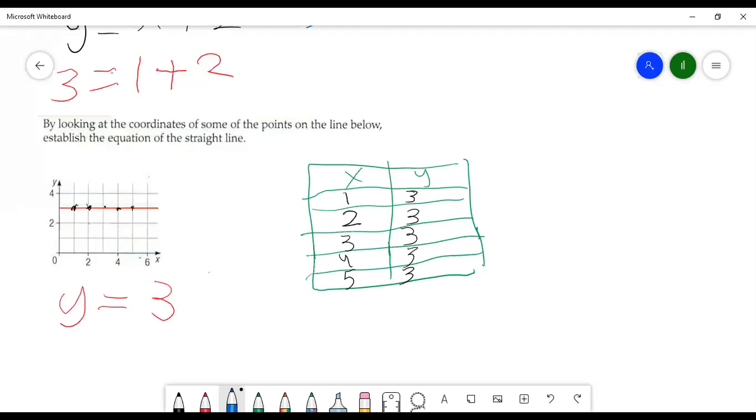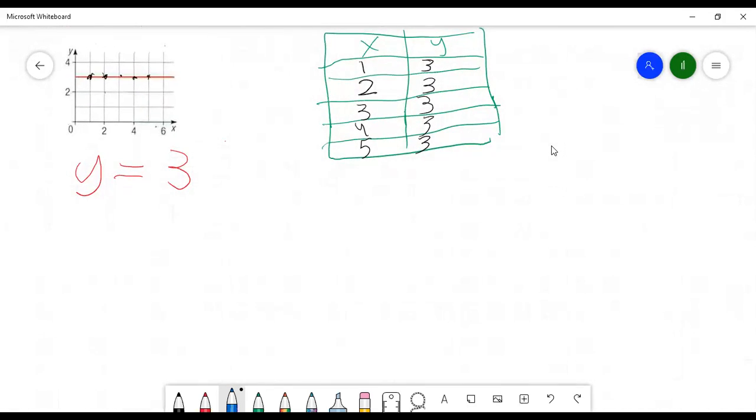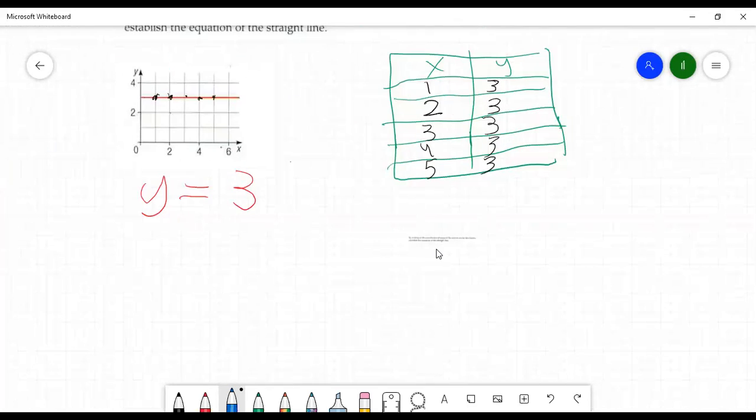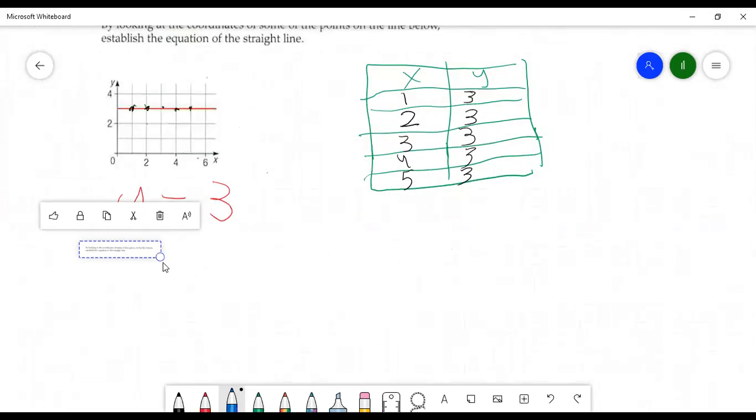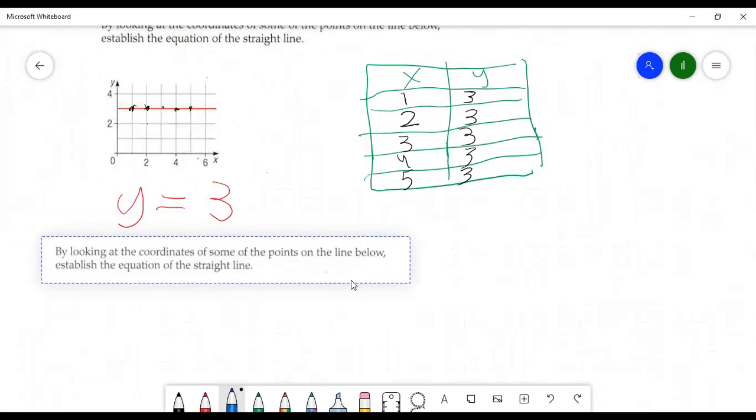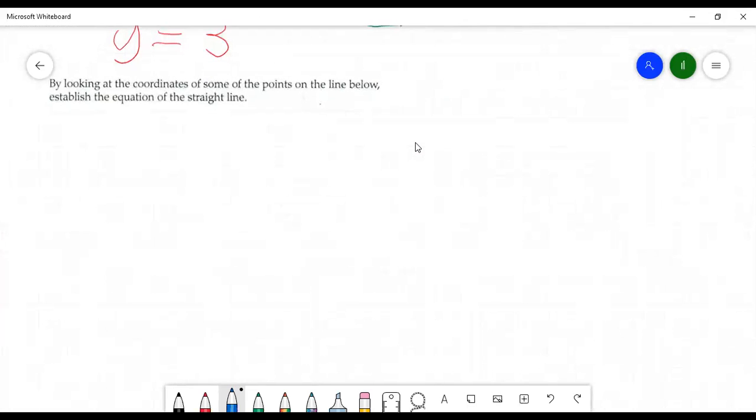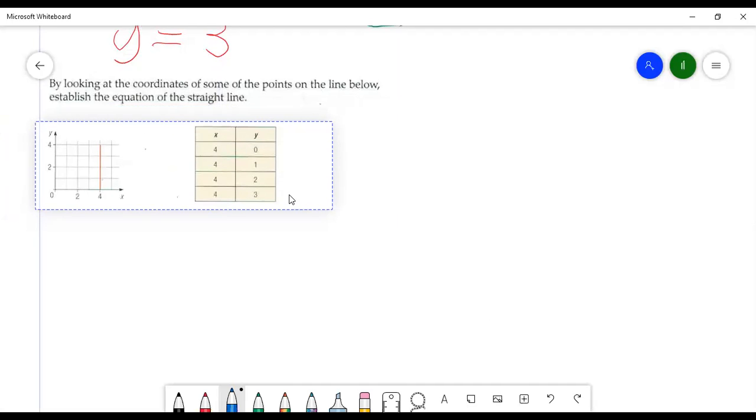So we can have another example. We have another straight line.